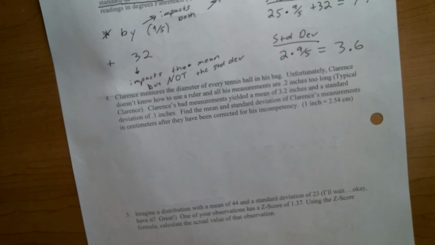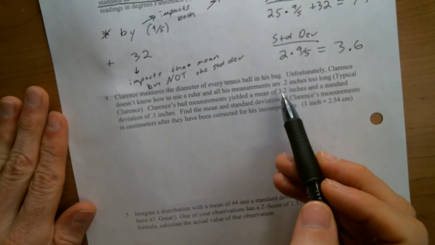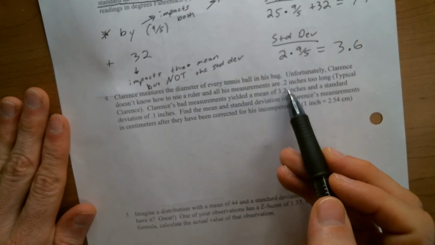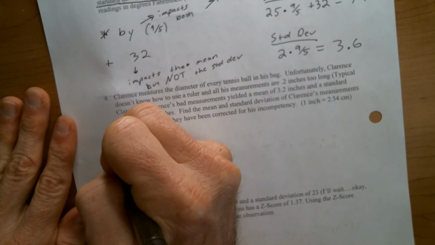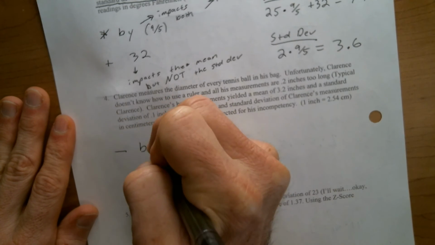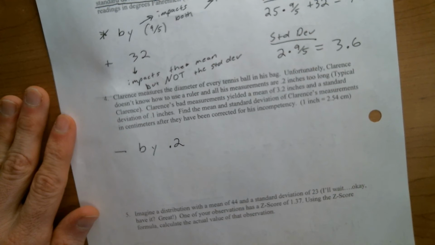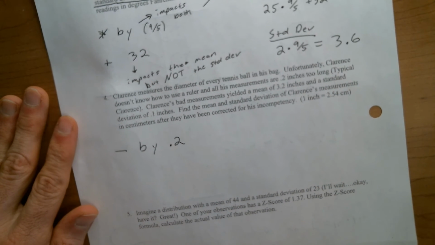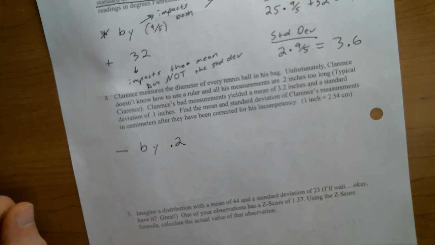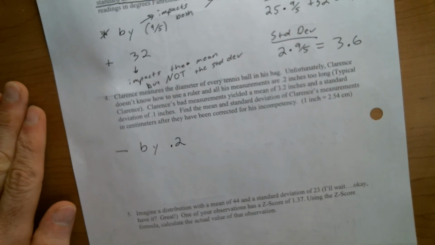All right, again, we are doing a series of transformations here. We have to adjust for his mistake. And if all of his measurements were 0.2 inches too long, that essentially means we're subtracting 0.2. All right, that will correct his mistake. And then after we subtract 0.2, we also need to convert it to centimeters.